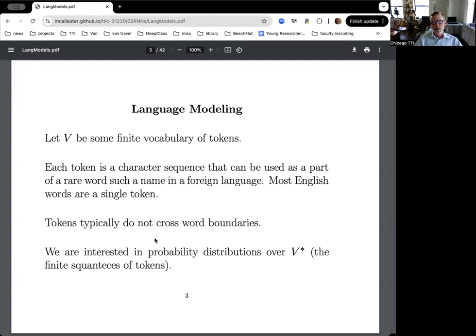Tokens, however, typically do not cross word boundaries. So we have subword tokens, but a word would be a sequence of tokens. We don't let a single token cover more than one word. And we are interested in the probability distribution over the strings of tokens.